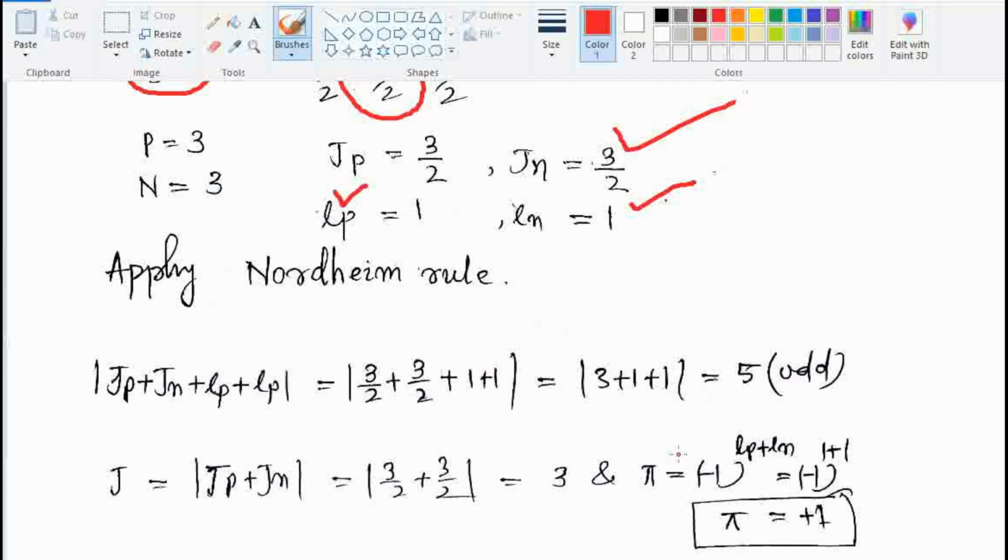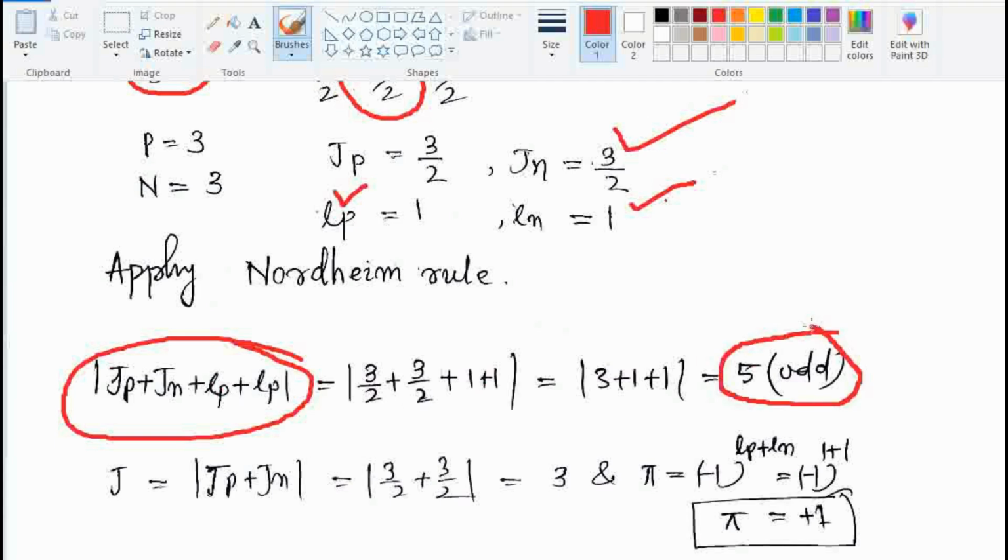As it is an odd type of nucleus, to find the spin of the nucleus we have to apply the Nordheim rule. So try to apply. If this arrangement is odd according to the Nordheim rule, then the spin of the nucleus is Jp plus Jn. Put the value of Jp and Jn.